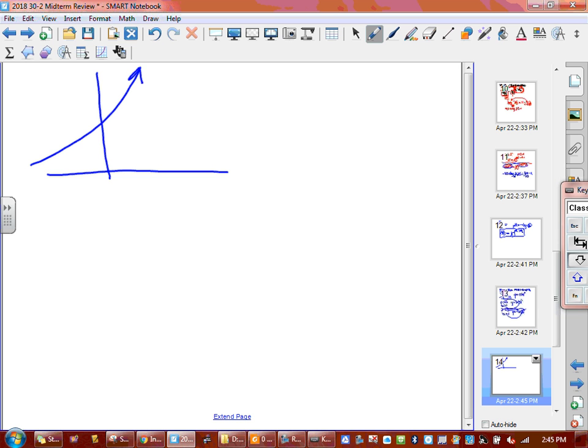Here's one up here, here's one up here, here's a graph, let's call this graph Q, and this graph M. And we're going to say that graph Q is y equals b to the x. Well, if this is y equals b to the x, where's the a?